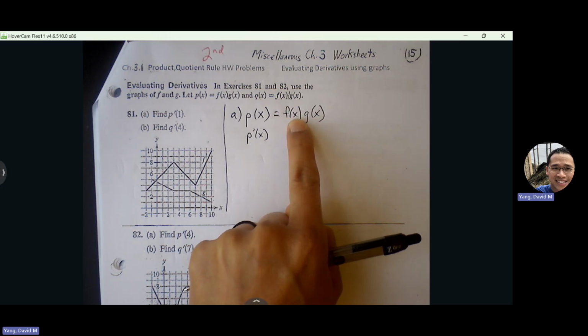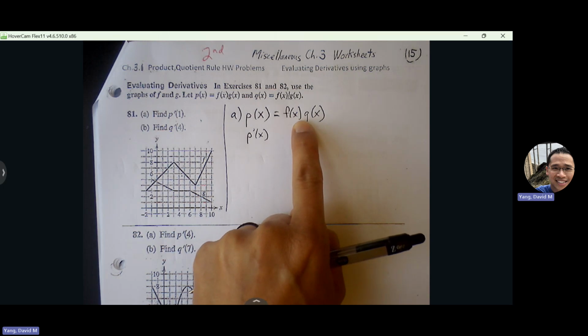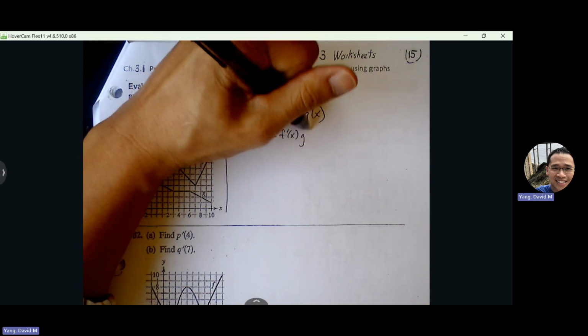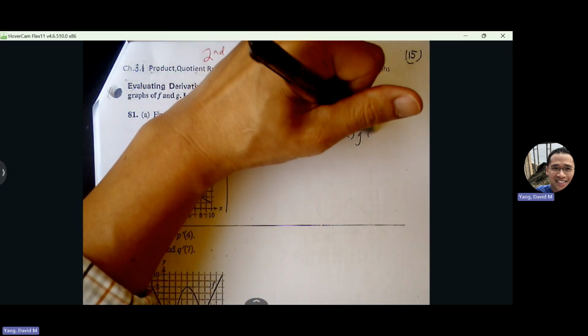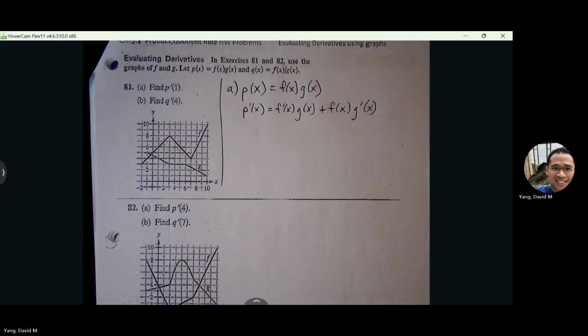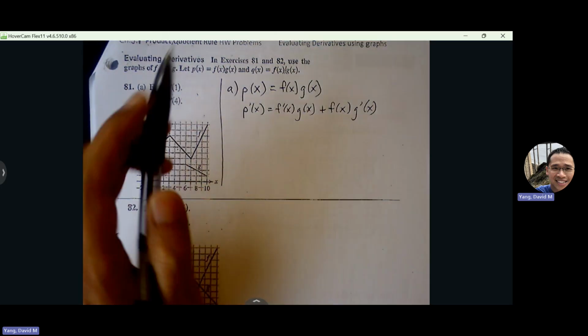These are being multiplied. We have to go through product rule. So we'll build product rule in function notation. We know that's f prime times G plus f G prime. Okay, good so far?